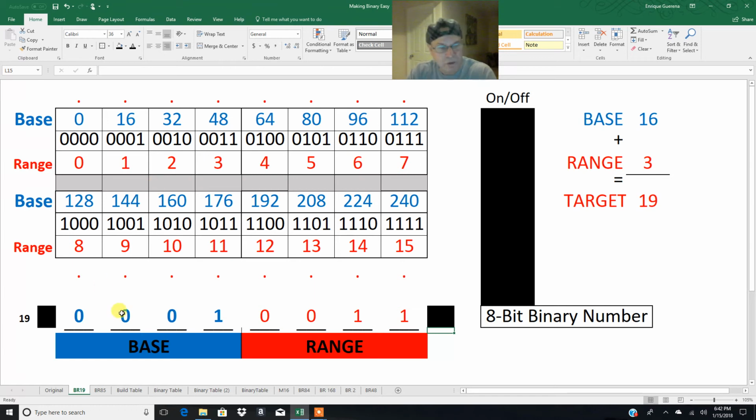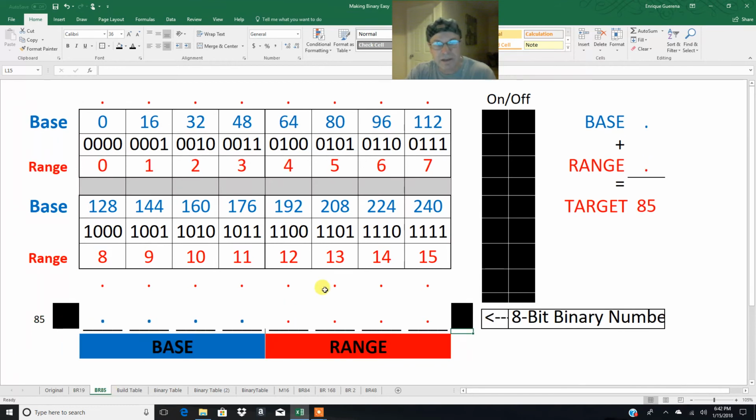Okay, so now I'm going to show you something very exciting: how to get these special numbers. You'll be able to get these in like 1 second. Let's look at, let's say, 85. So 85 is between 80 and 96, right? So what's the smaller base?